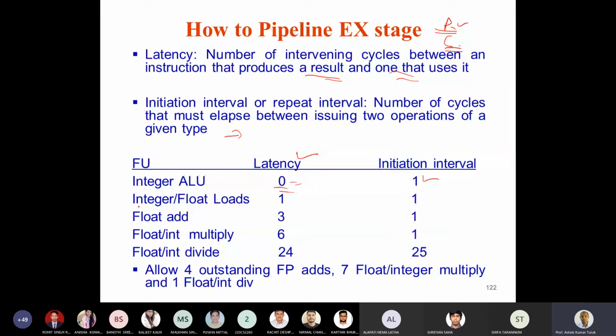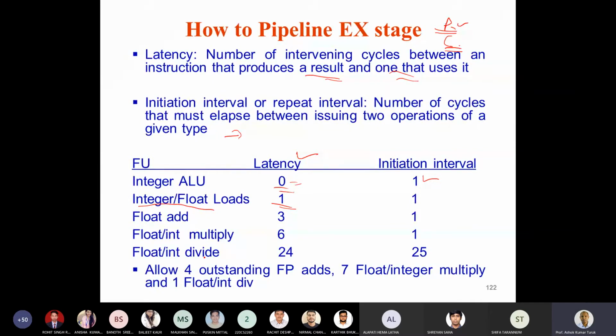Now the load. The integer load and the floating point load have a latency of 1 clock cycle. We looked at this in one lecture: for a load instruction and an instruction that immediately follows it and uses the result of the load, the instruction has to be stalled, and even data forwarding cannot eliminate that stall.